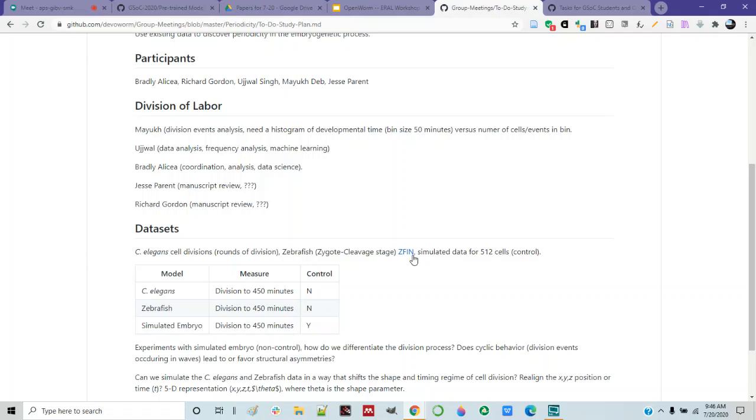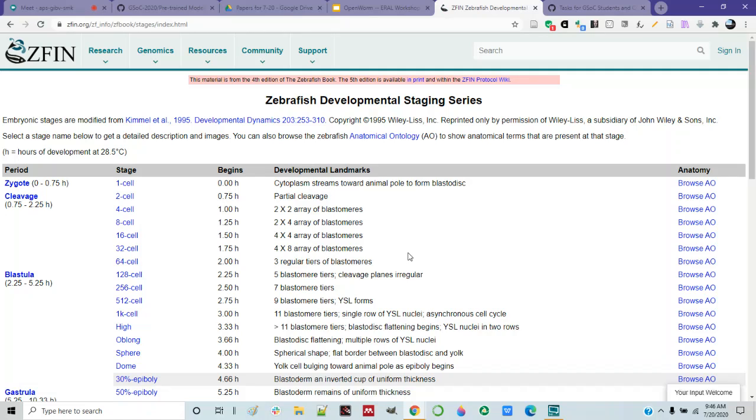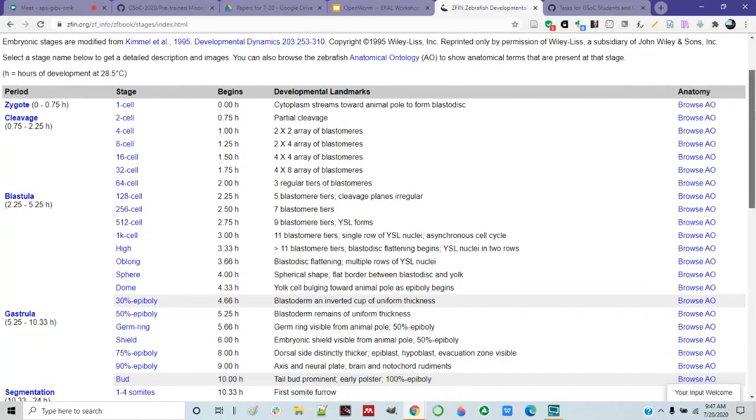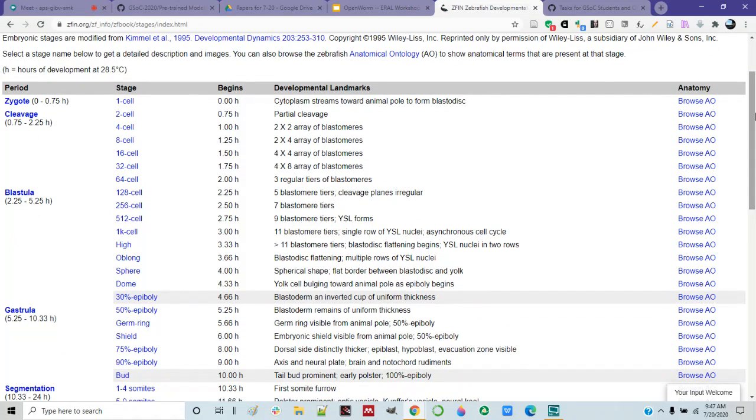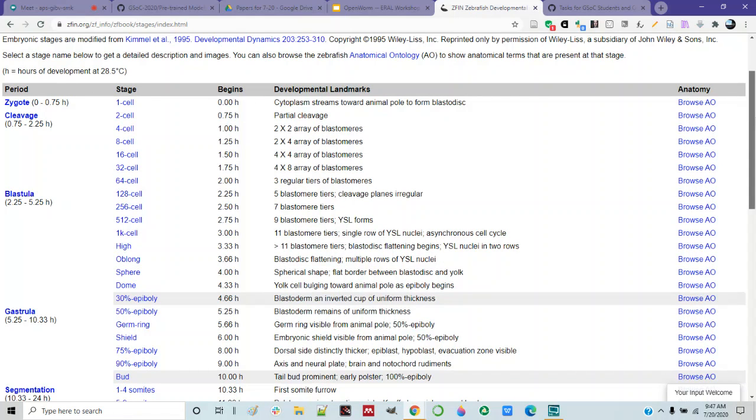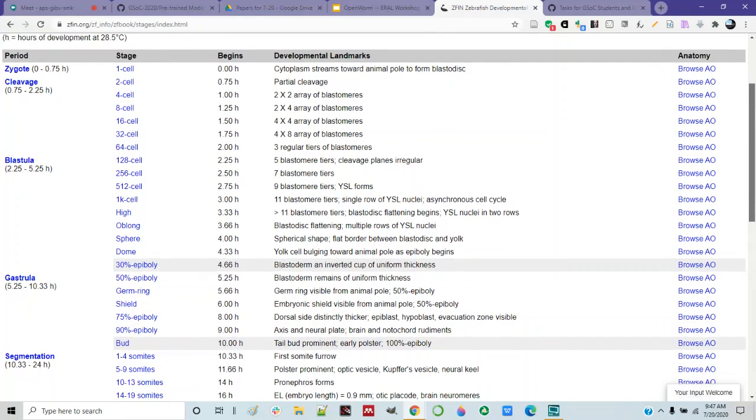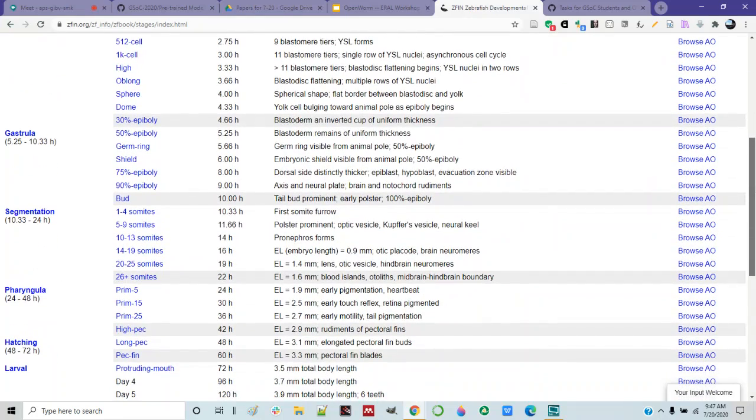There's this ZFin site which actually goes through the different stages of zebrafish development. So if you're interested in learning about zebrafish development, they have all of this laid out. Zebrafish development is different from C. elegans development. You have the zygote and the cleavage and the blastula, gastrula, segmentation stage, pharyngula stage, hatching stage.